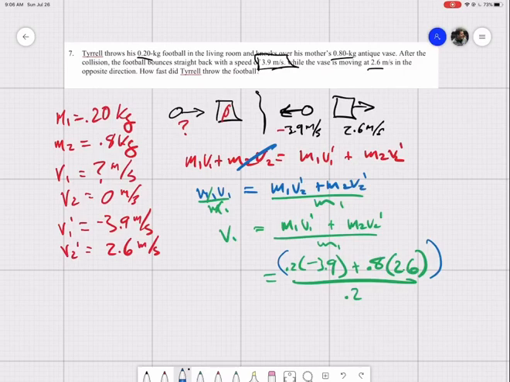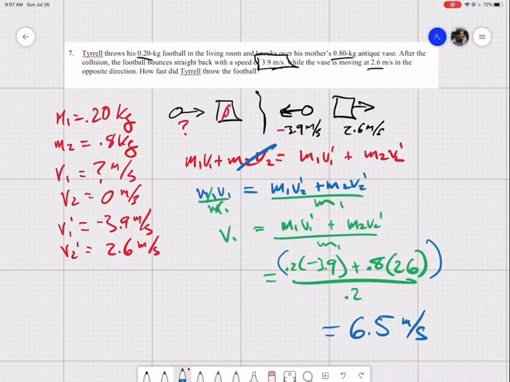Okay, so I have parentheses 0.2 times negative 3.9 plus 0.8 times 2.6, close parentheses, divided by 0.2, enter, and we get 6.5 meters per second.